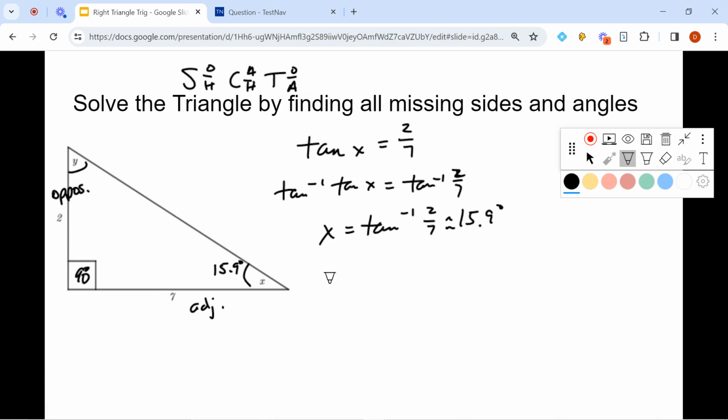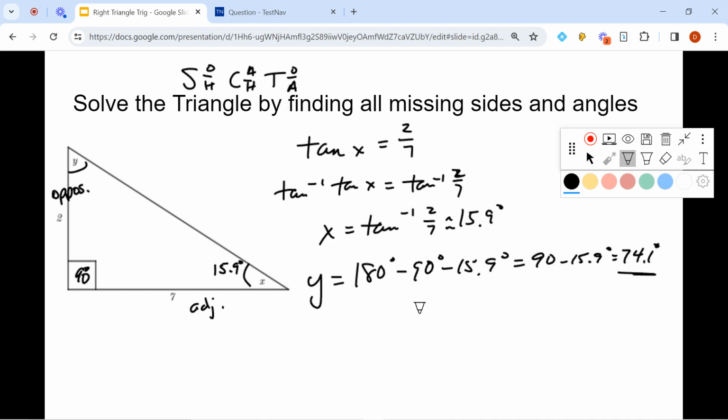It doesn't matter, really, as long as you find what y is. I'm just going to do y is 180 minus 90 minus 15.9, just to do something different. So that's 90 minus 15.9, which is 74.1. So y is 74.1 degrees.